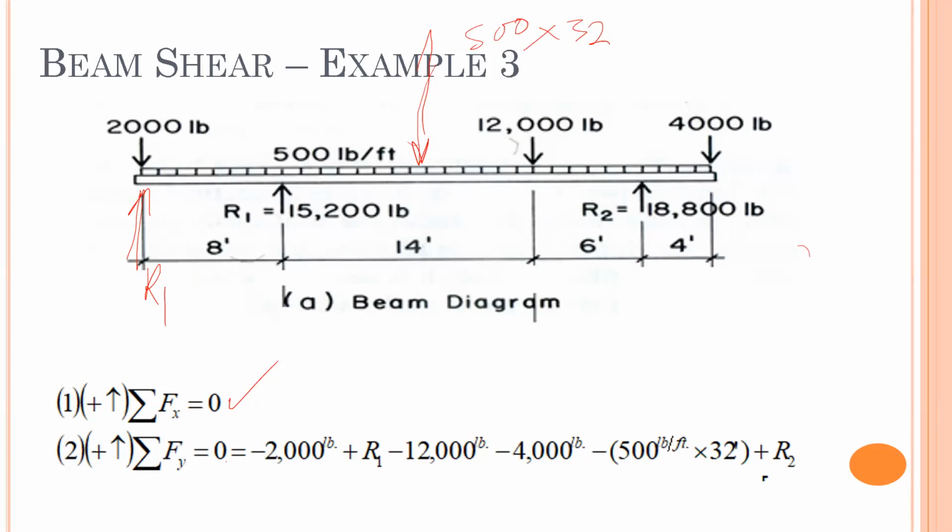So it would be minus 20, which is the first one, that's here. Then you have the positive R1, which is here. Then you have minus 12, coming down, right? Then you have R2 again, positive, down here. And the next one coming down is 500 times 32, which is negative, see it here? All of that would give you the sum of Y expression.